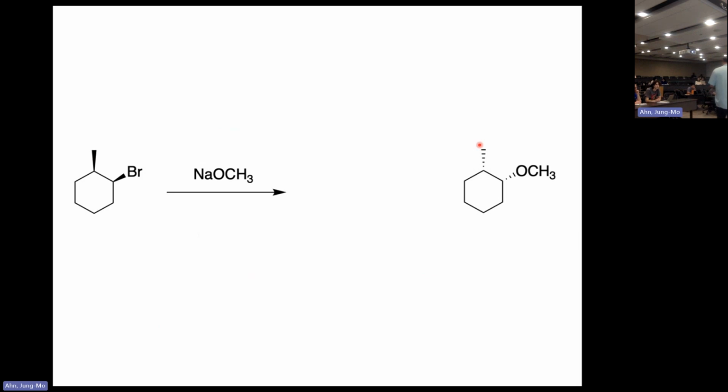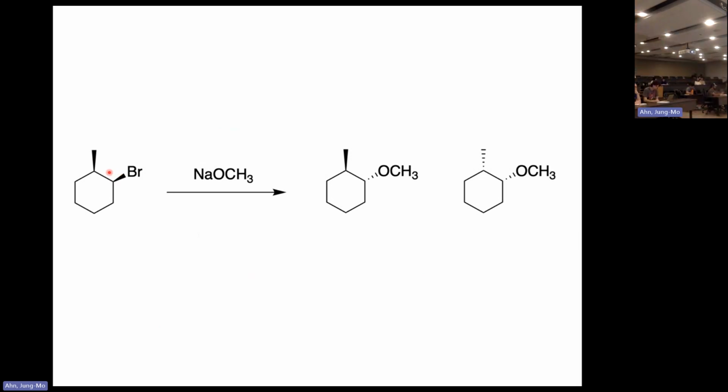You just do the substitution with the right nucleophile, reverse the stereochemistry of all the chiral carbons, and that has to be the right answer. But unfortunately, if you do it this way, I'm just going to cross it out. This is not correct. Why is that? The stereochemistry changed here because the nucleophile makes an attack from the opposite side of the carbon, and then the bromine leaves on the top side.